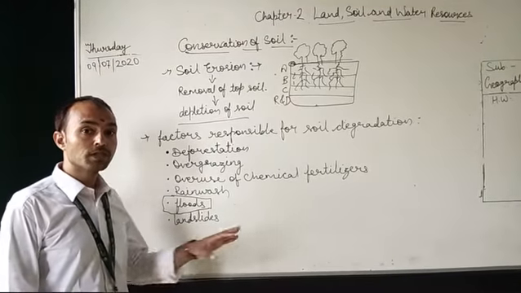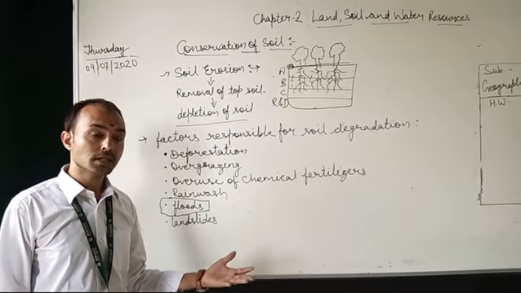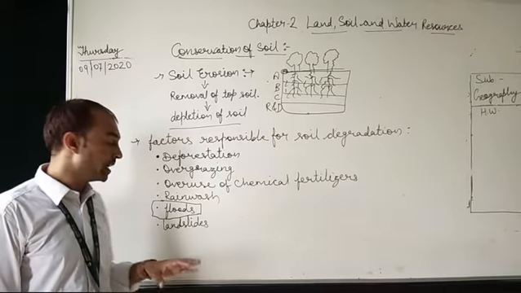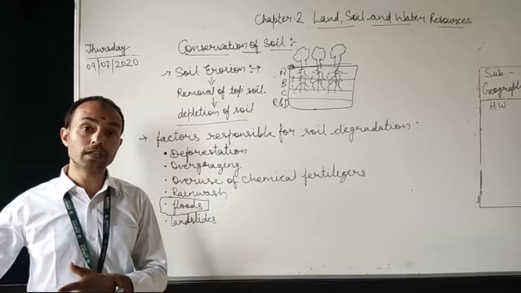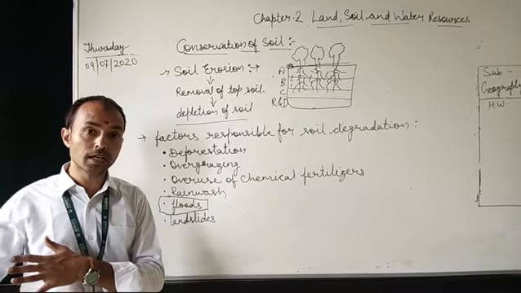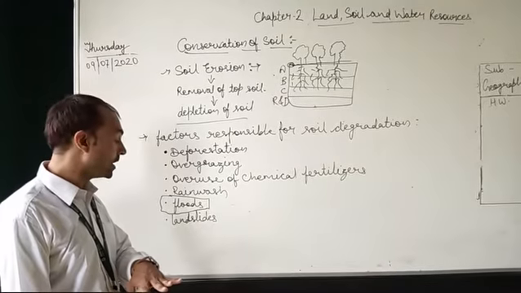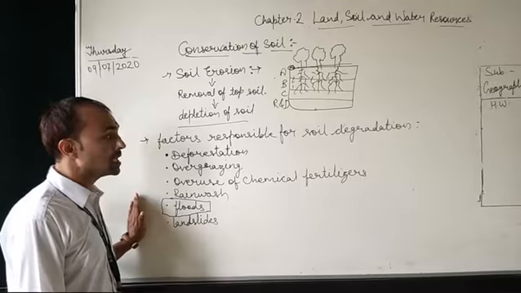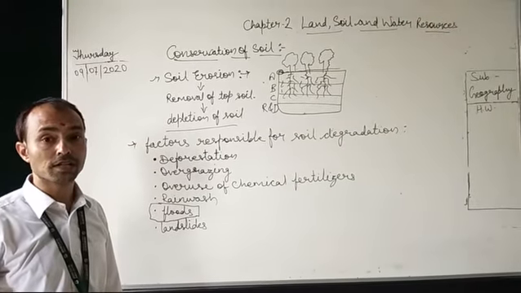Floods deposit the soil at a particular place, which increases the productivity of land. But floods also lead to soil degradation, because the area from where the soil is taken suffers land degradation, and then landslides. So these were the factors mainly responsible for soil degradation.